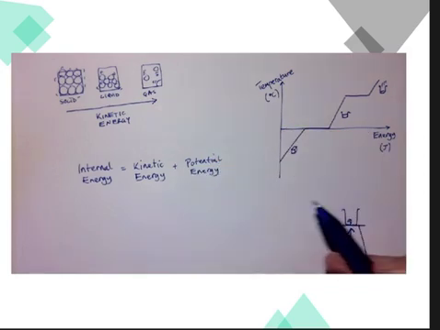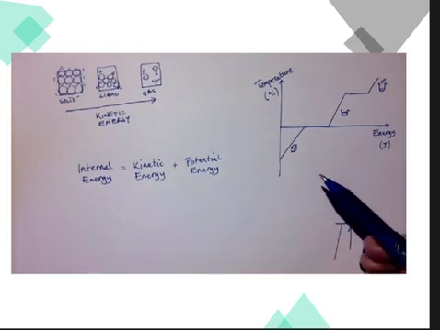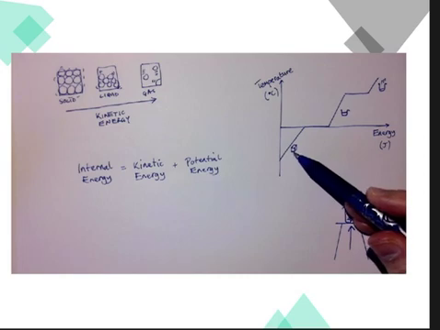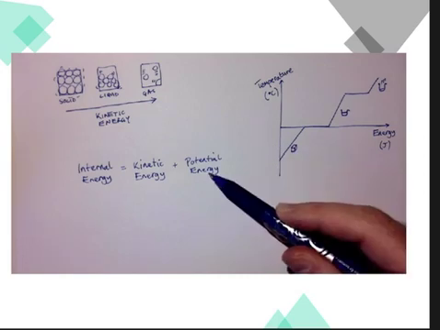Okay, and it's the total amount. So this is the total amount of the kinetic energy of all of the particles in here, plus all of the particles' potential energy as well.